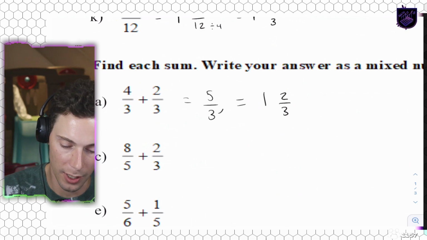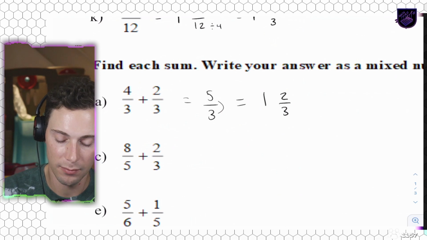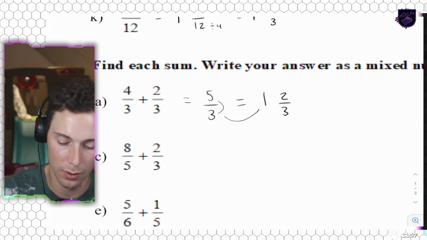Right? You want to subtract your group of 3 from 5, and then turn that into a whole. And then what do you have left? 1 and 2/3.